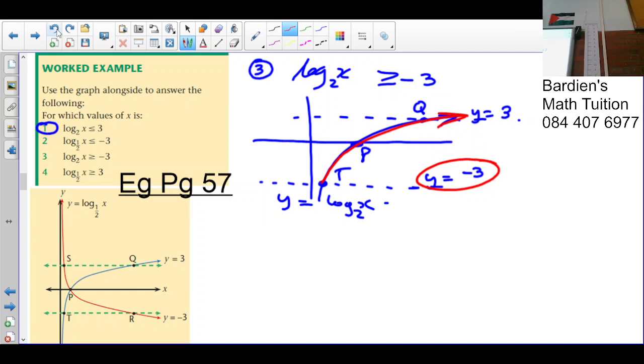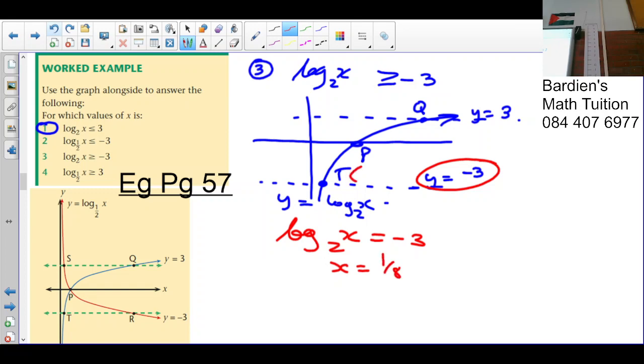However, that x value can be calculated. How? By saying log x base 2 is equal to negative 3. So work out the x value for me now. So x is equal to 2 to the negative 3, which is 1 over 8.